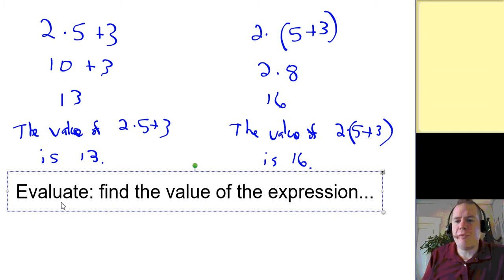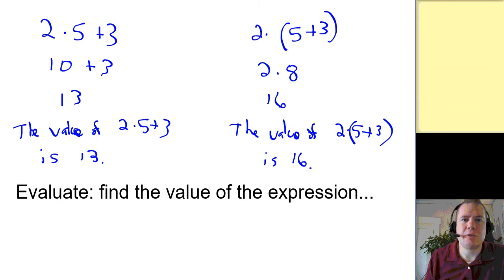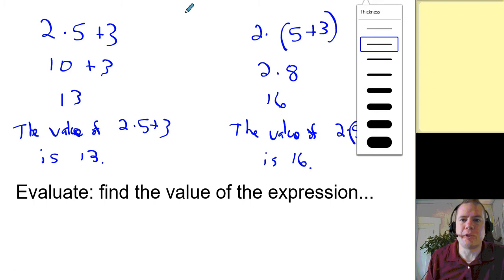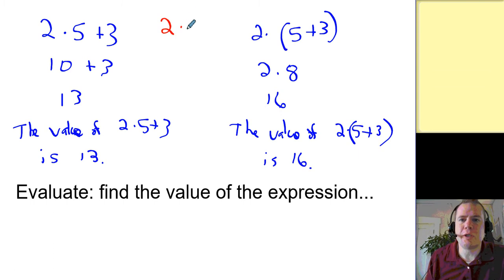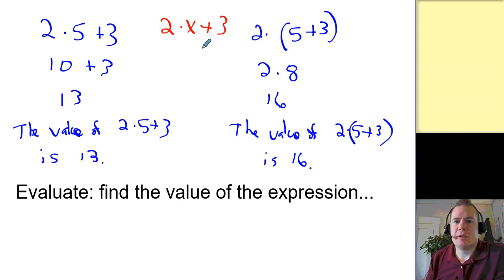But we often use this word evaluate in slightly different contexts. Right? If I switch colors here, another example here, 2 times x plus 3. Well, 2 times x, I know what 2 times 5 is, that's 10.